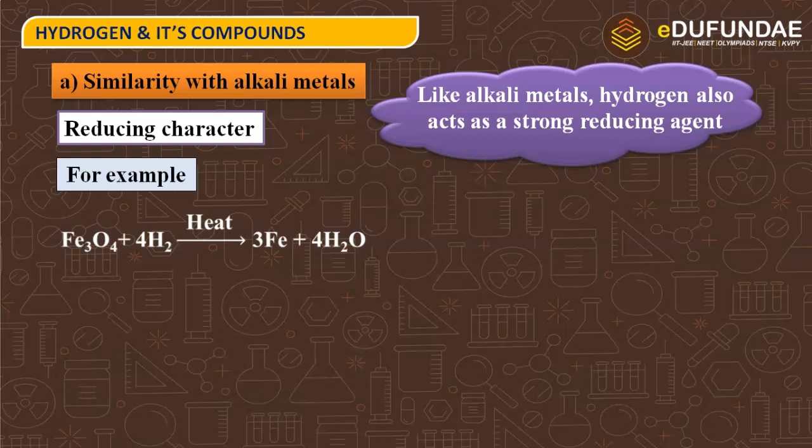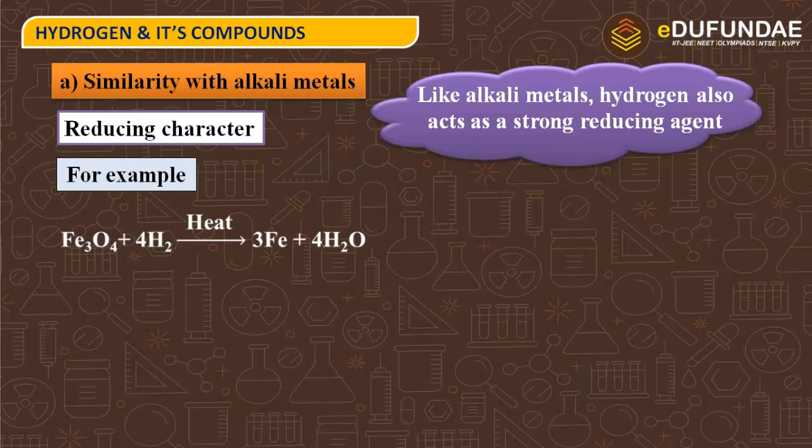And over here, you can see that on the reactant side, hydrogen, that is H2, is having oxidation state of 0, and on the right hand side, that is on the product side, H2O में जो हाइड्रोजन की ऑक्सीडेशन स्टेट है, that is +1.